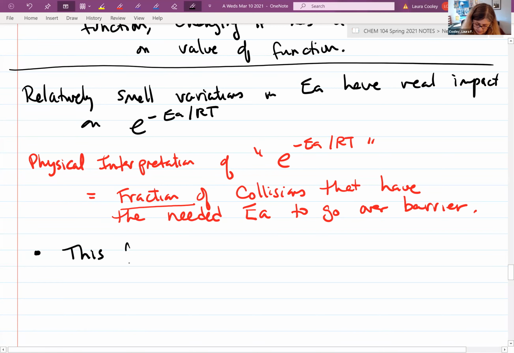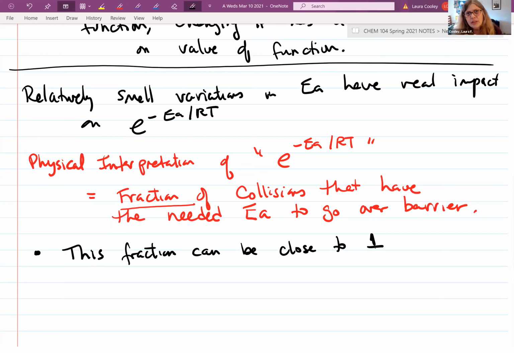This fraction, what is the maximum value of any fraction? It's 1, right? That's the whole, okay? This fraction can be close to 1. When will it be close to 1? It'll be close to 1 if that activation energy is a small number, because there's a certain amount of energy that's available to all molecules that are moving around in a solution. We call that thermal energy.